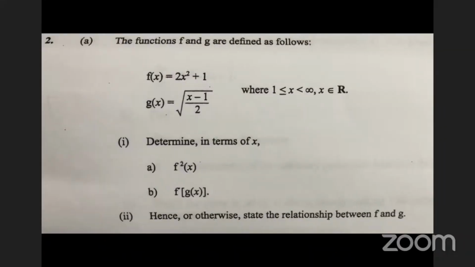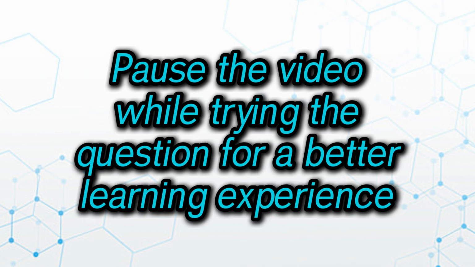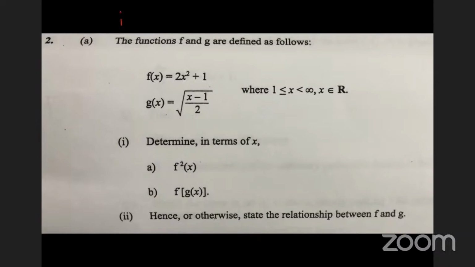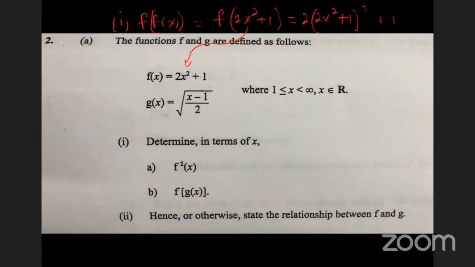So f squared means f of f of x. All right, let's start here. This is June 2014, number 2A. So part 1, they want you to find f of f of x. So f of, open brackets, replacing x with 2x squared plus 1. So I'll have 2 open brackets, 2x squared plus 1, all squared, plus 1.